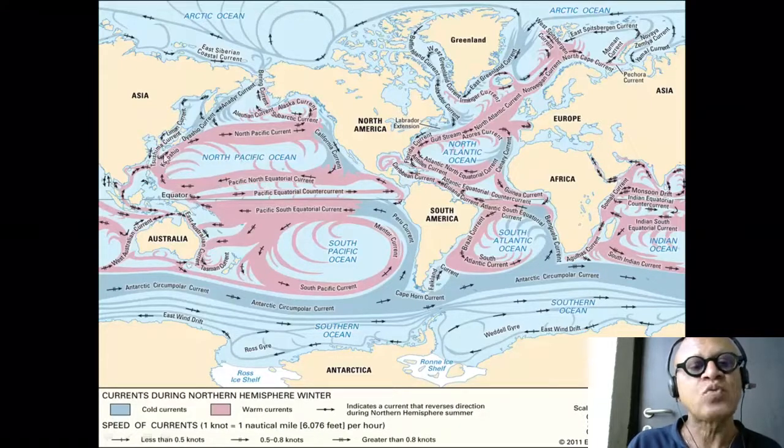And there are reasons why you get strong, narrow, deep, warm currents on the west, whereas you get more diffuse, shallow, cold currents coming down here on the east.